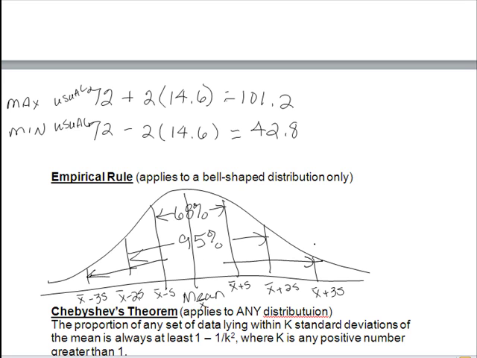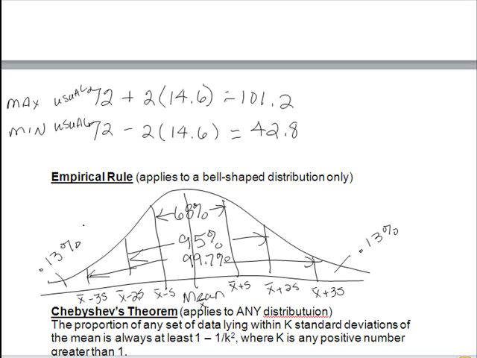So what that means is that we have just about 0.13% in each tail here. So a very small portion is outside the 3 standard deviation mark when we're looking at a bell-shaped distribution.